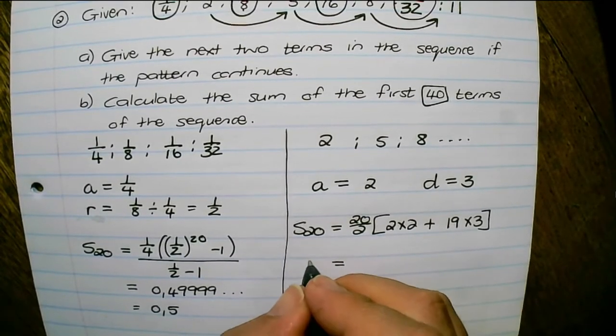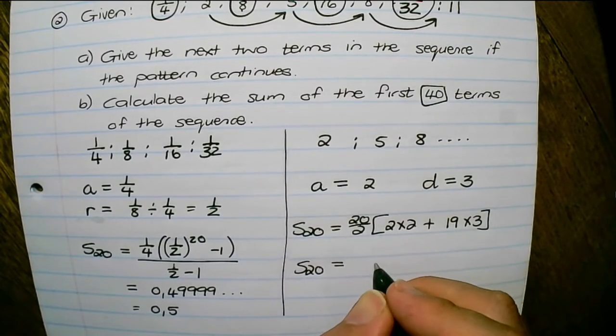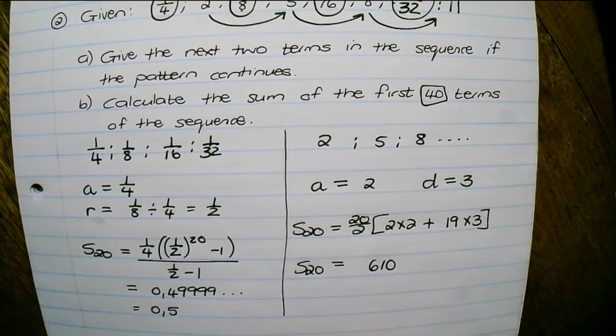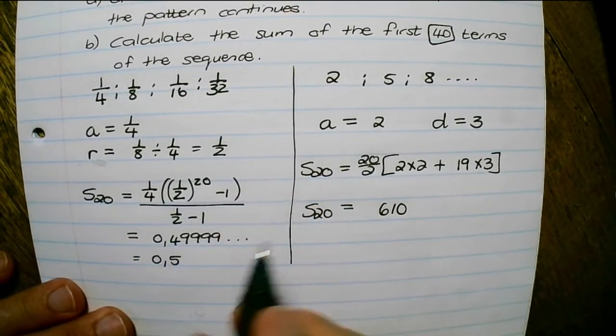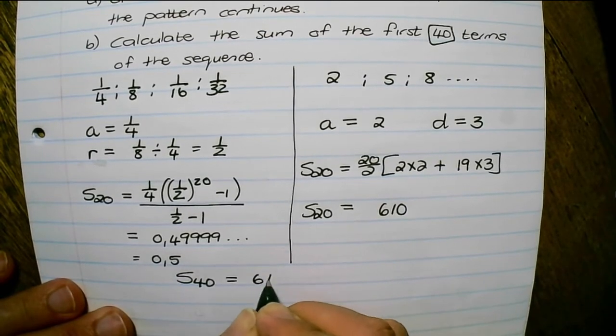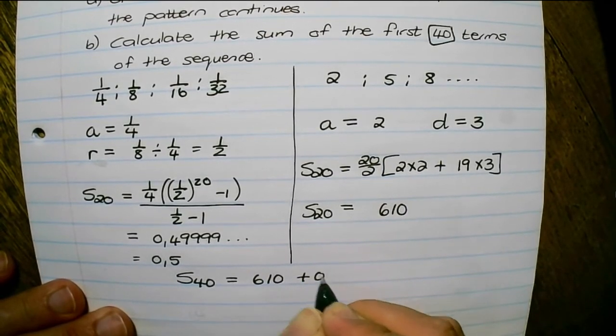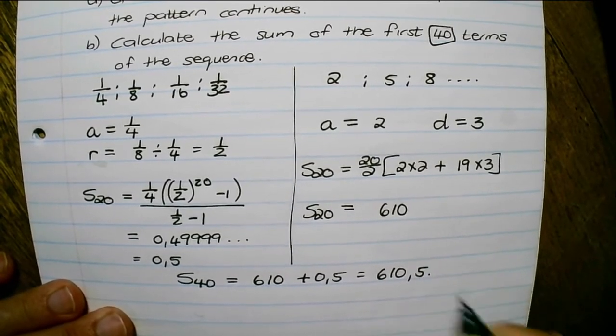If I multiply out, I find that these 20 terms add up to 610. Therefore, for the combined sequence, the sum of the first 40 terms would be equal to 610 plus a half, which is 610.5.